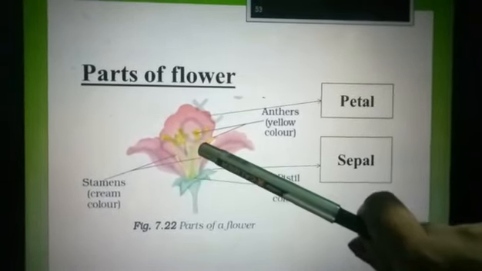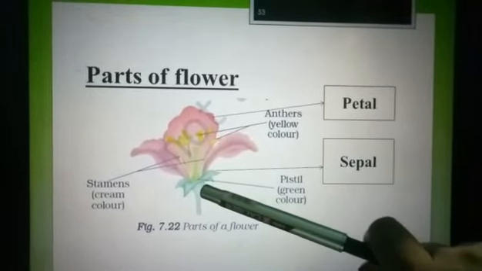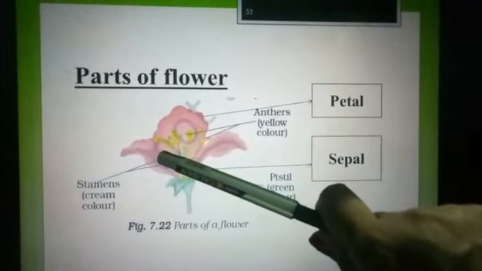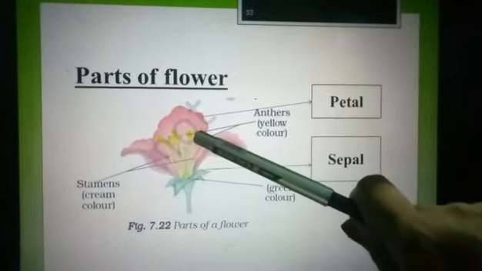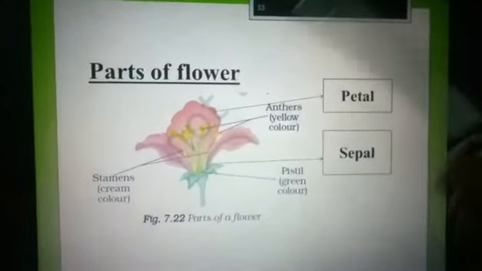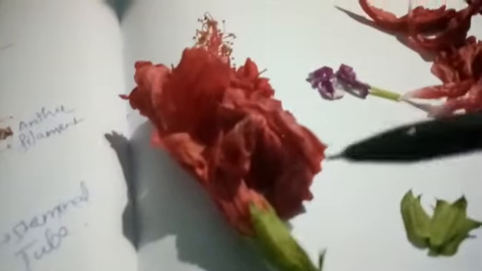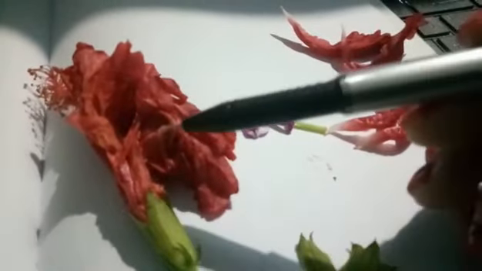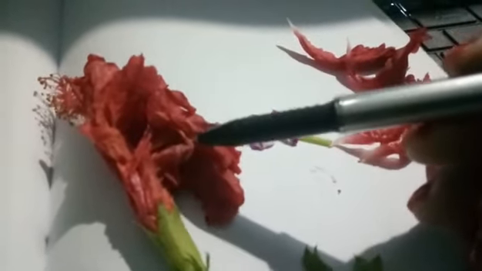Once again, observe carefully. This green structure, the below one, is known as the sepal, and the showy, colorful part is known as the petal. Here you have the yellow colored anther and stamen, and then the pistil is here. Now in the same figure, these red color structures are called petals, right? This petal is red in color. You are able to recognize the plant because of the petal only.